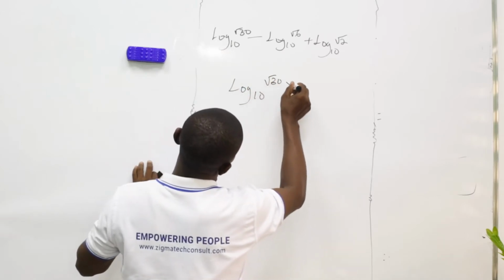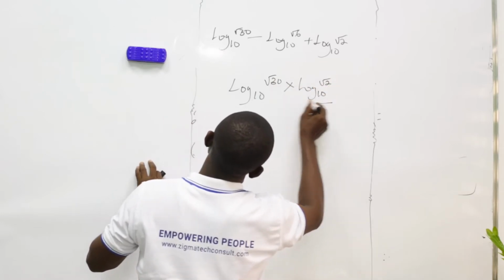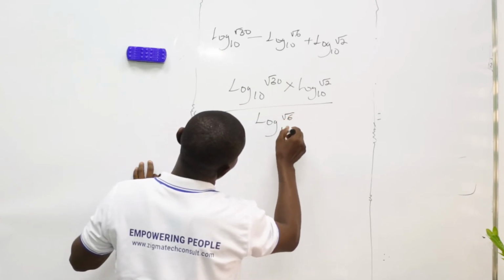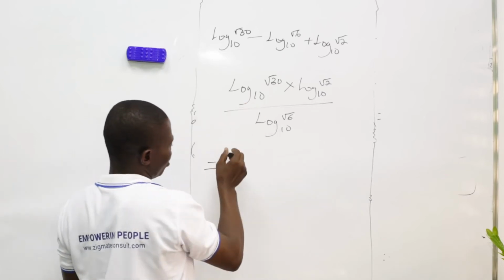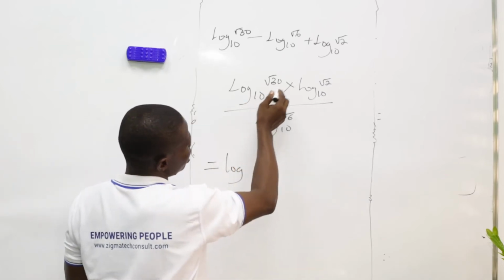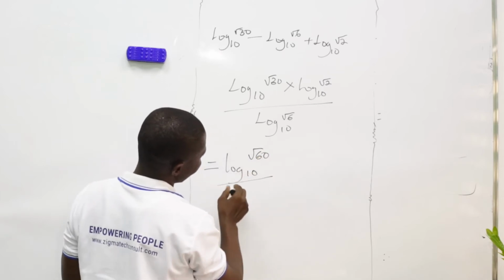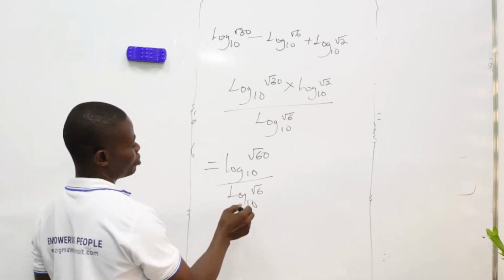This is root 30 multiplied by root 2 base 10 divided by log root 6 base 10. So what do you have now? You have log root 30 times root 2 is root 60 base 10 divided by log root 6 base 10.